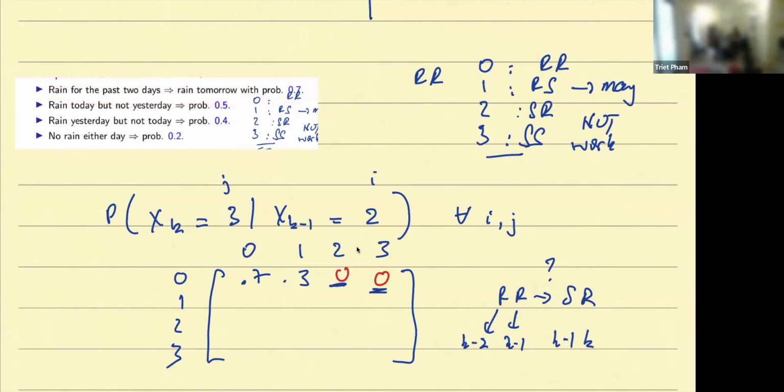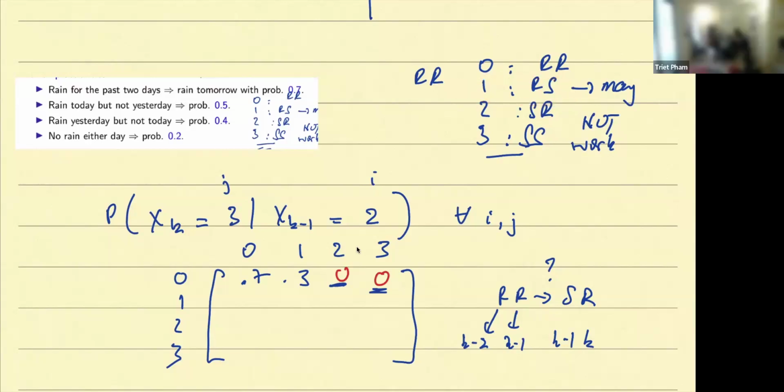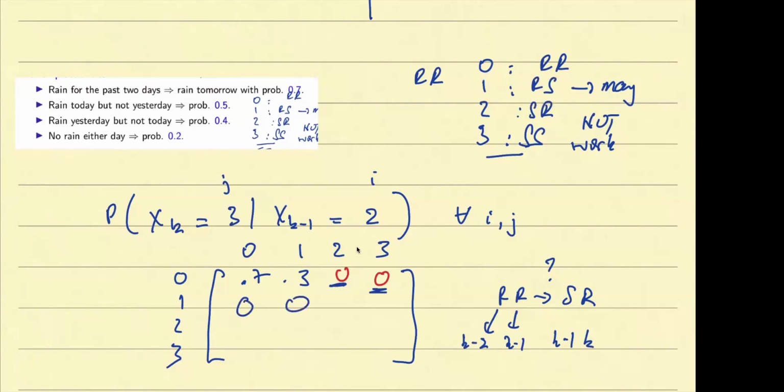Tell me the entries. What is row 1? What can this not go into? It's 0, 0 for the first 2 columns. 2 entries, yeah, correct. Okay, good.